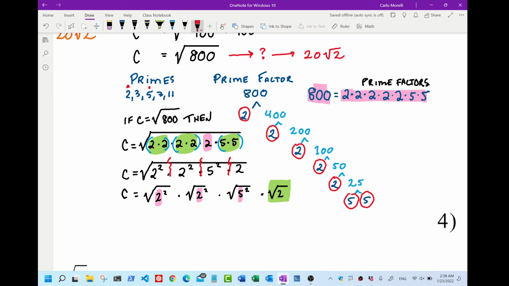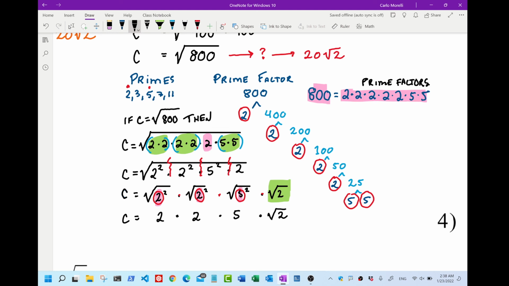But except for that one at the end, you're going to get a 2 by itself, a 2 by itself, and a 5 by itself. And they're still going to be multiplied together. So this is now C equals just 2 times just 2 times just 5 times square root 2.